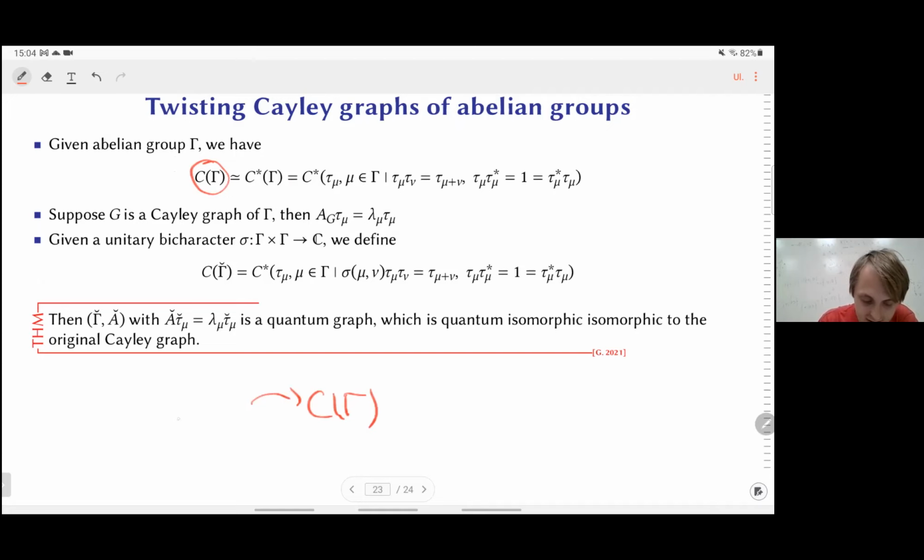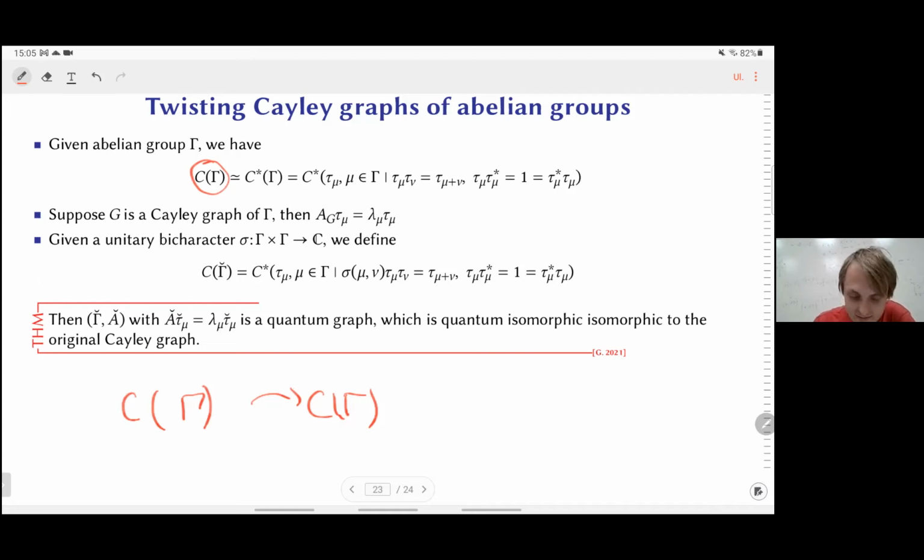The idea of Cayley graphs is that the group gamma somehow acts on this graph, or maybe I can say that this algebra co-acts on the graph, somehow compatible with this graph structure.